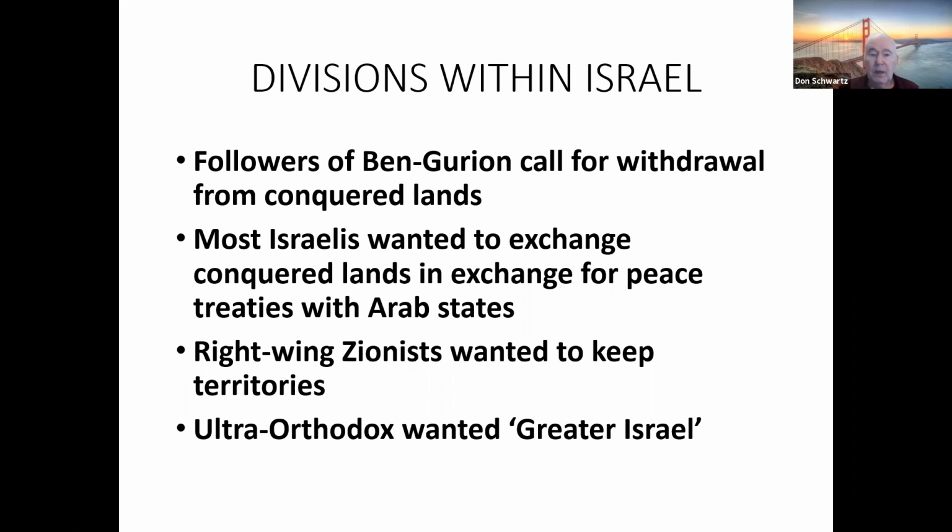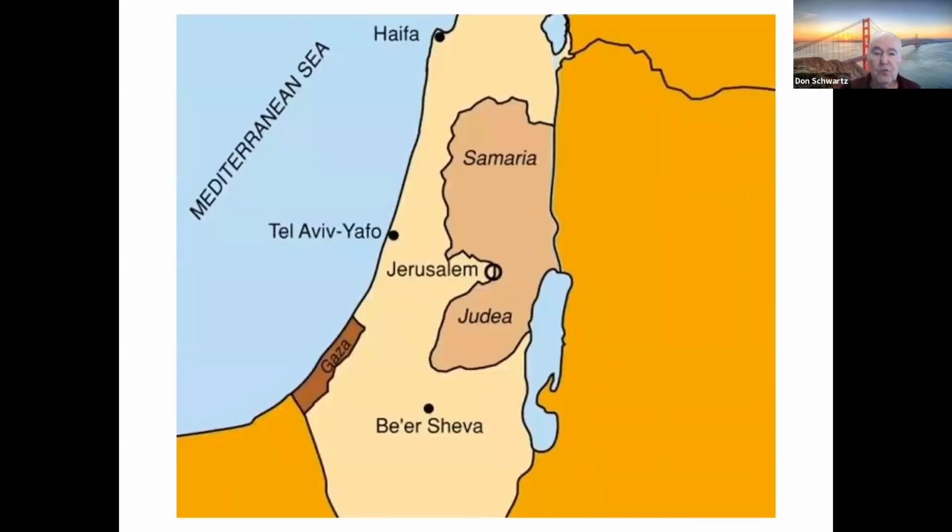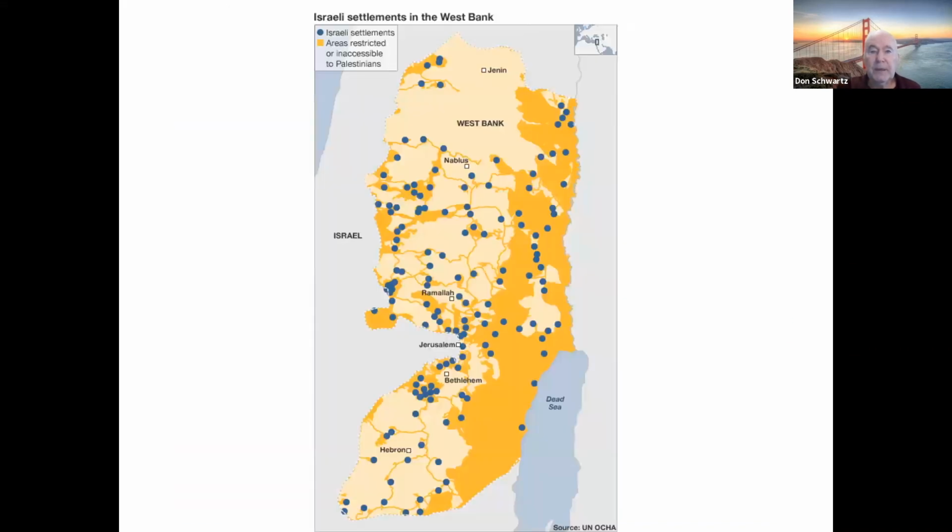That is, Orthodox and ultra-Orthodox Jews wanted to restore Samaria and Judea to the Israeli state, into what they called Greater Israel. Now, the first Jewish settlements in the West Bank appeared in June of 1968, with many, many more to follow in the occupied territories.